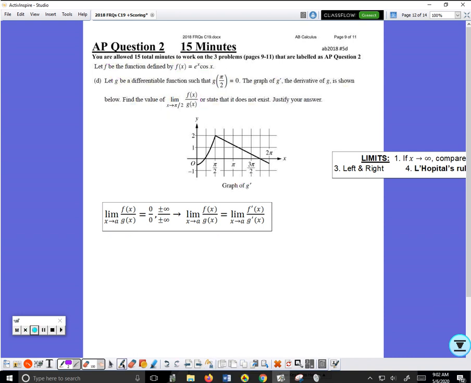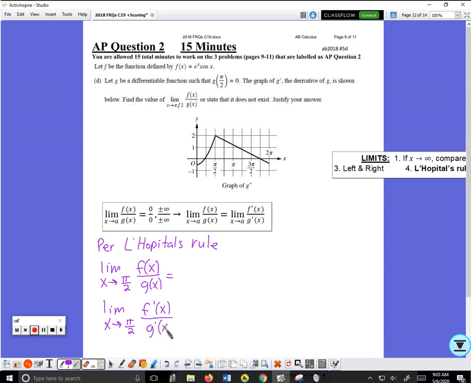Okay, so my new limit problem is, per L'Hopital's rule, the limit as x approaches pi over 2 of f divided by g is the same thing as the limit as x approaches pi over 2 of f prime divided by g prime.